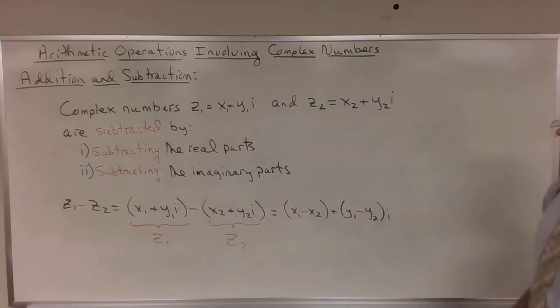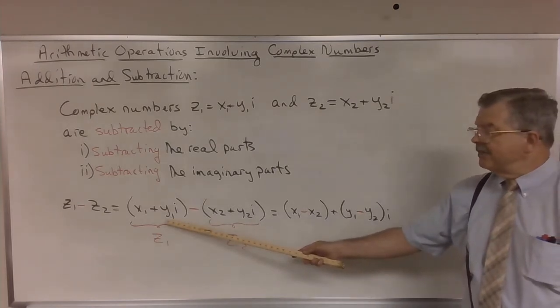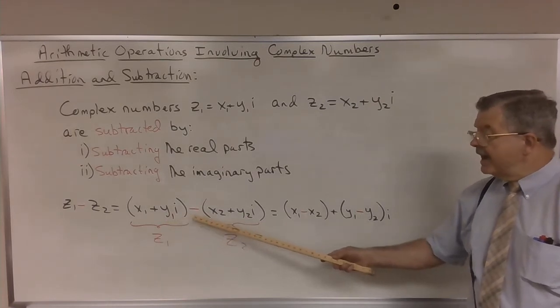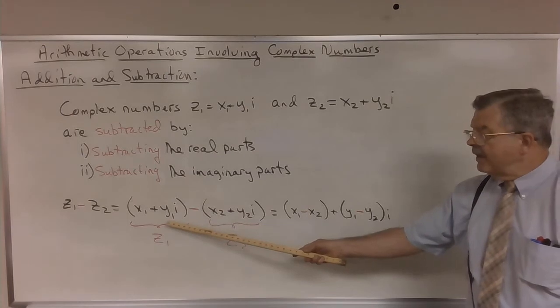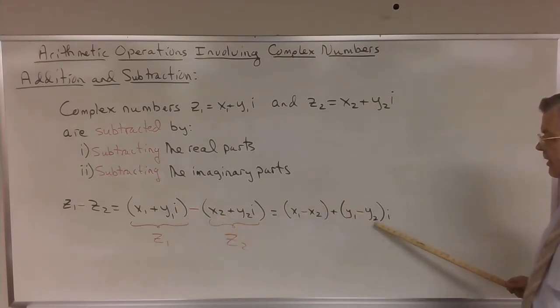And then we do the same thing with the imaginary parts. Imaginary part of z1 minus the imaginary part of z2. y1 minus y2.